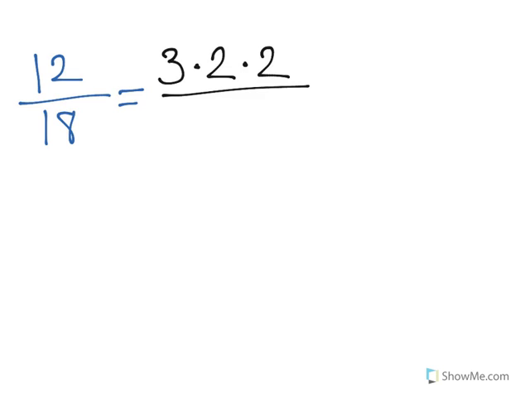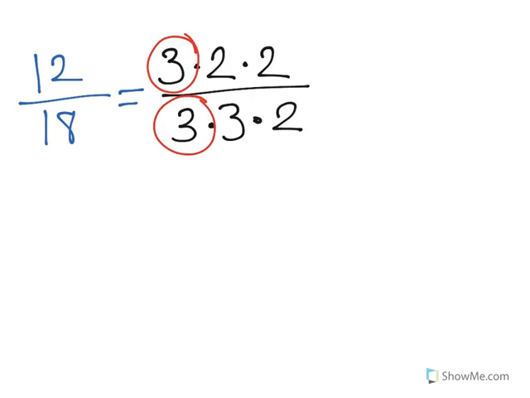And the denominator 18 can be factored into 3 times 3 times 2. And here we see that both of them contain at least one 3, and both of them have at least one 2 as a factor, so we can cancel them out.